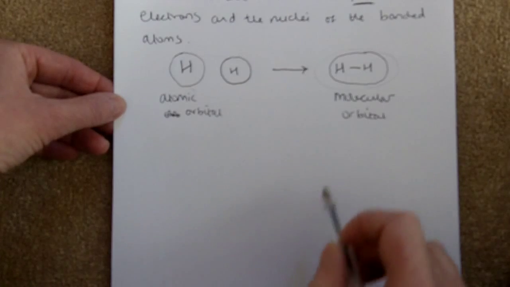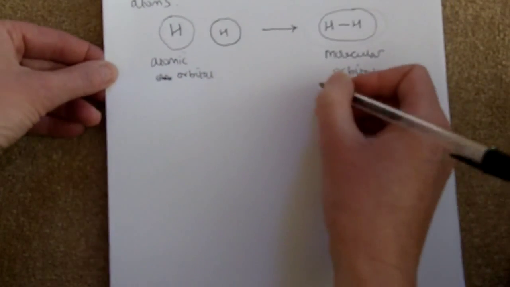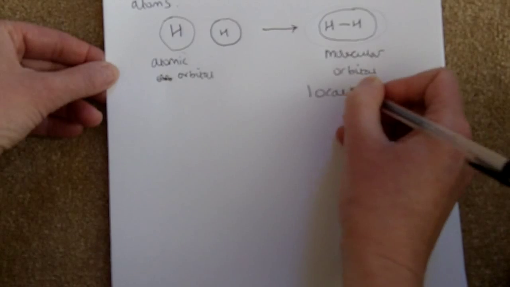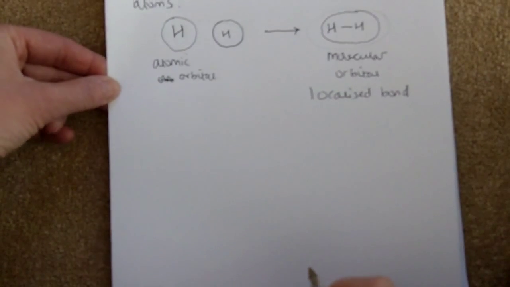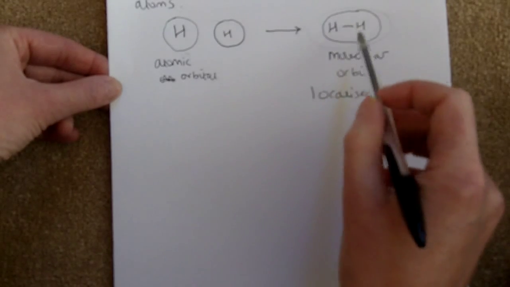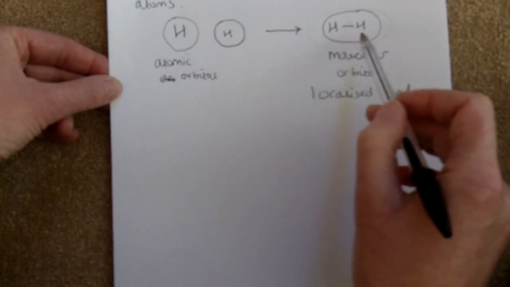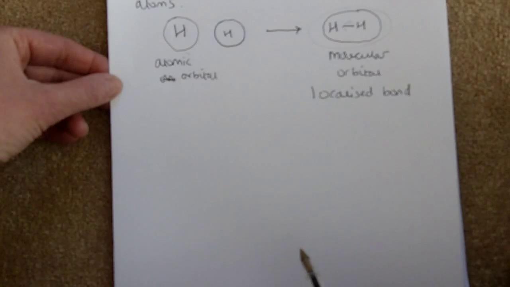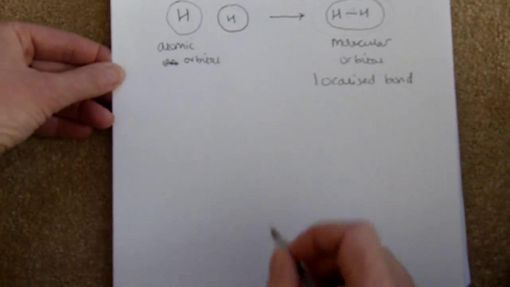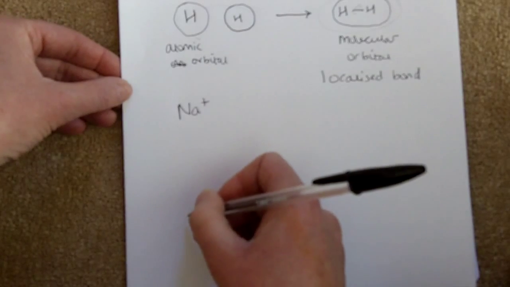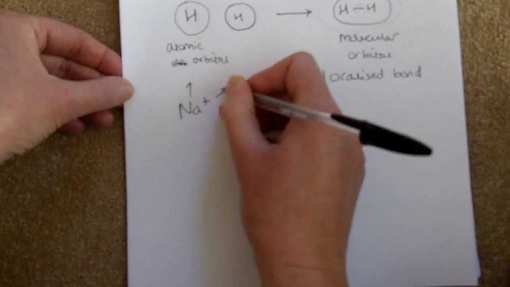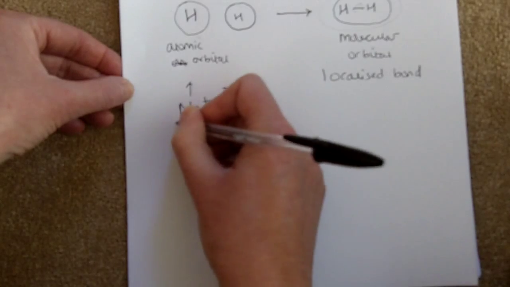Okay, now this type of bond is called a localized bond. That's because the attraction is just between that pair of electrons and the nuclei of the two hydrogen atoms. So it's called a localized bond. Whereas in an ionic structure, if you take an ion like sodium ion, the attraction is in all different directions.